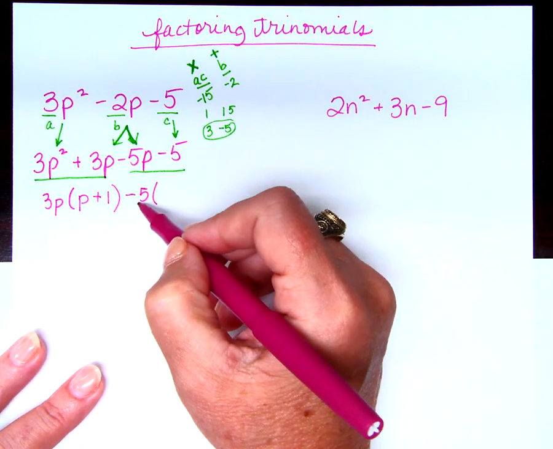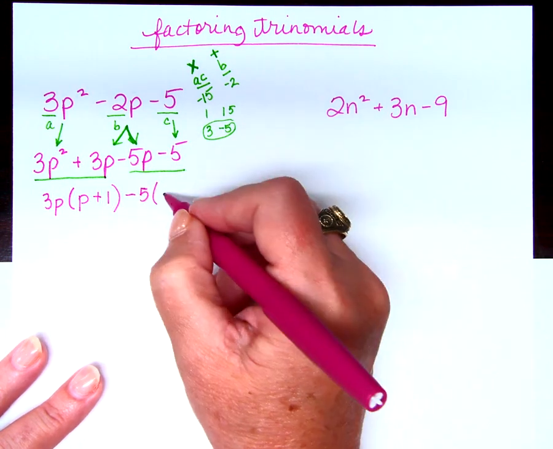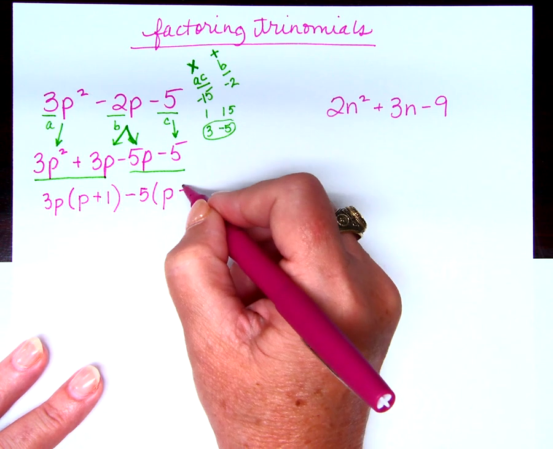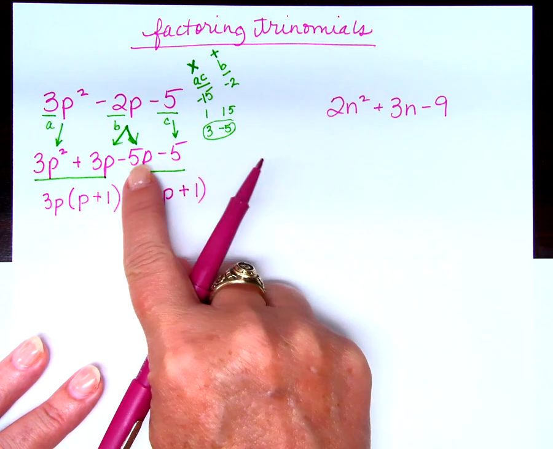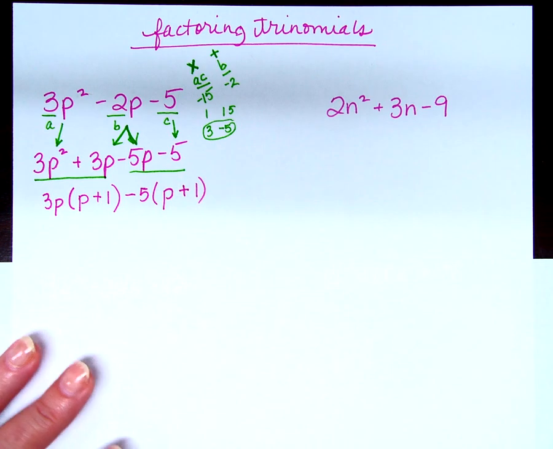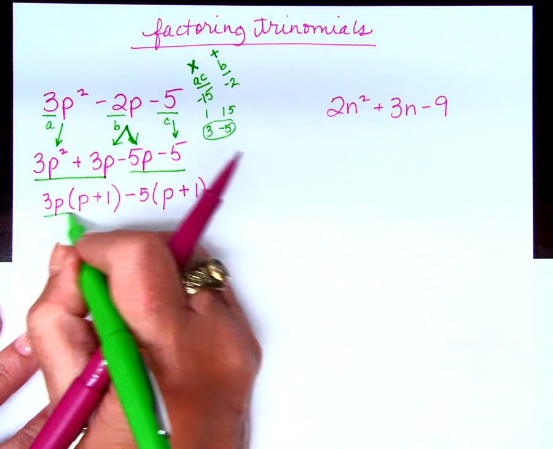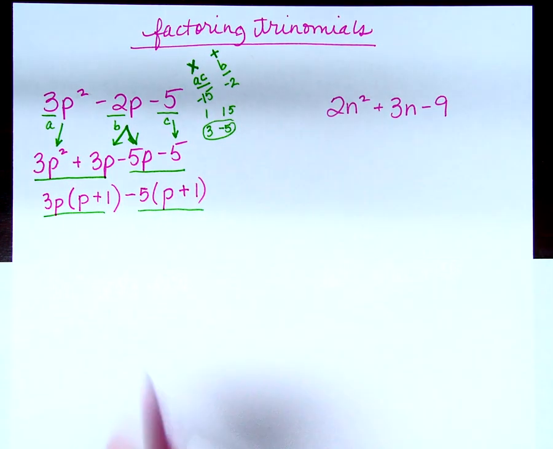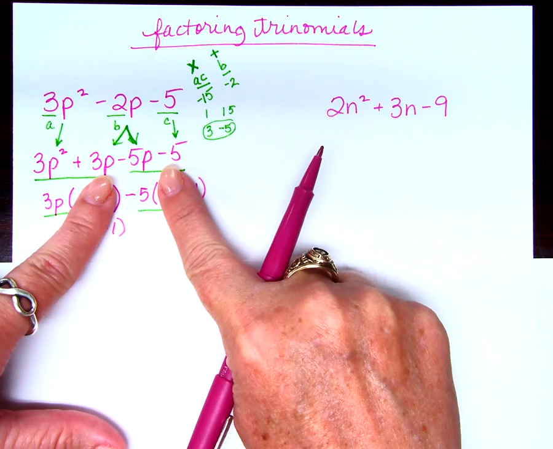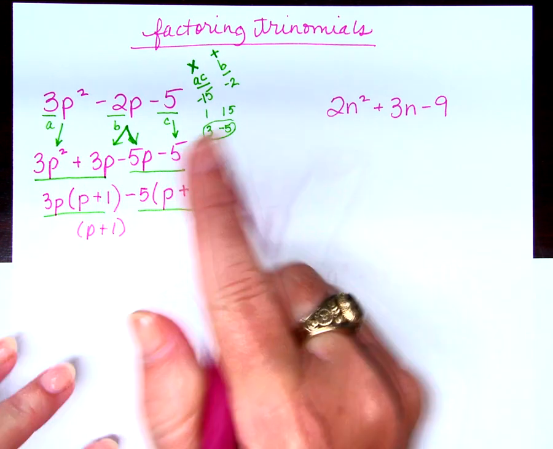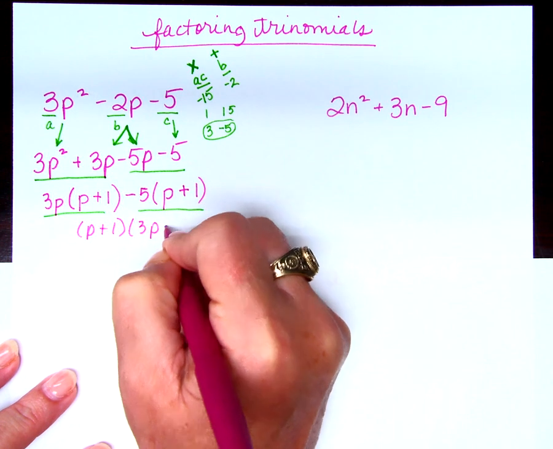What happens if I divide out a -5? What do I have left? P plus 1, right? If I divide each term by -5, I get a p and a positive 1. Now, what's common in these 2 terms? P plus 1. And what's left over if I factor out a p plus 1? 3p minus 5.